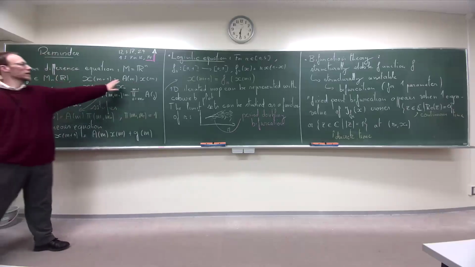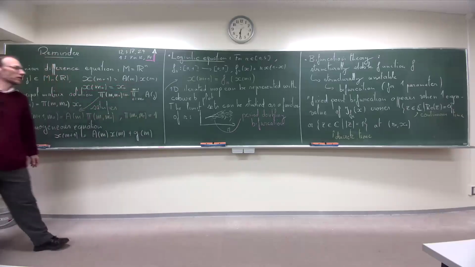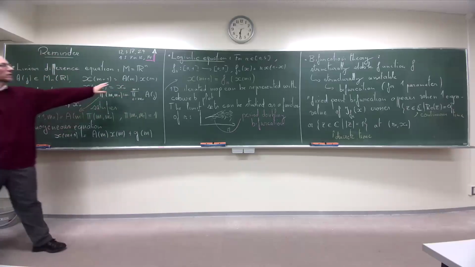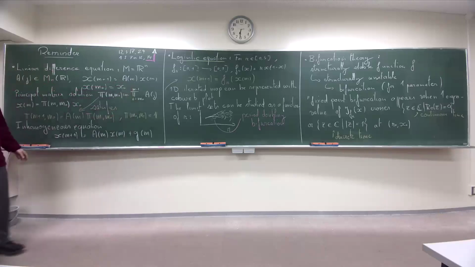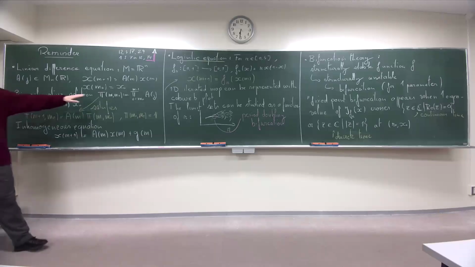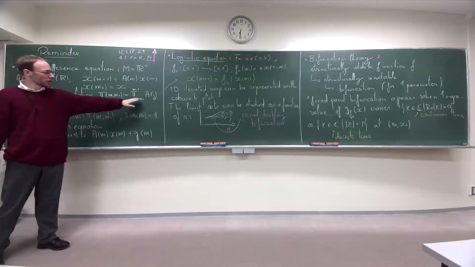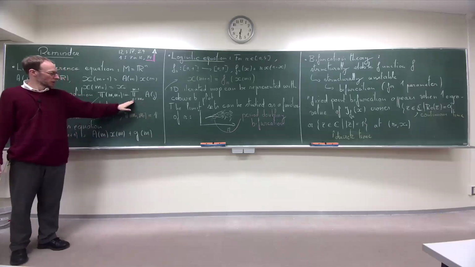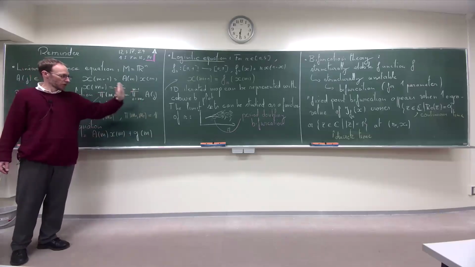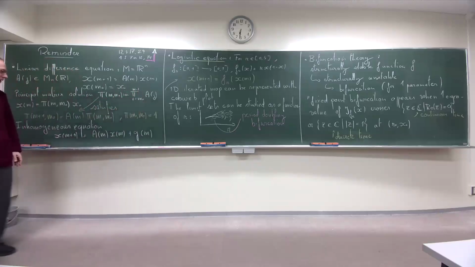So a vector is equal to a matrix applied to another vector, but this matrix can depend on time, or on m, so it's not an autonomous system. And there is what is called the principal matrix solution. We have already seen something of this type. By doing the product of these matrices between j equal to m0 and n-1, be careful of the order. They do not commute, so you really have to put them in the right order.